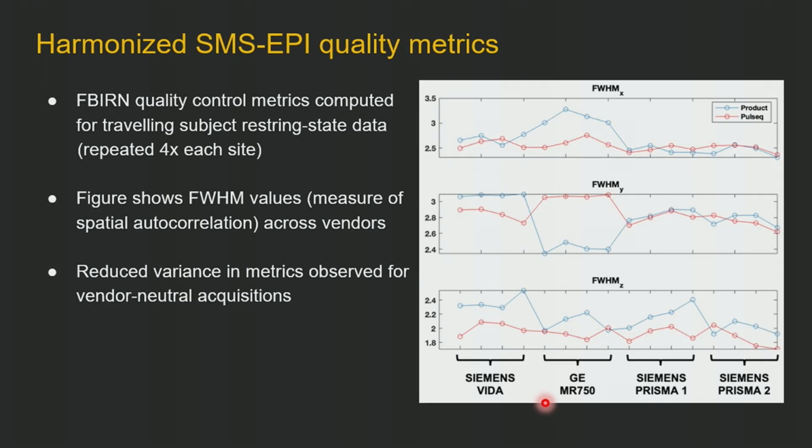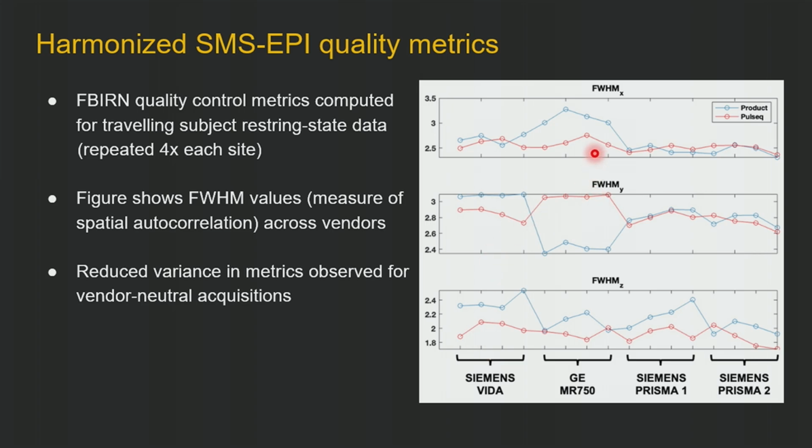If I look at some quality metrics, we scanned a subject during resting state 4 times at a number of different sites, spanning Siemens and GE. And then we calculate a metric: full width half max, which is a measure of spatial autocorrelation along each axis.